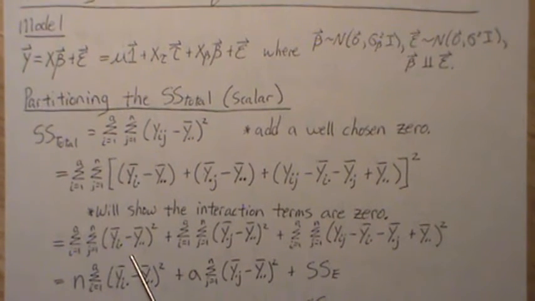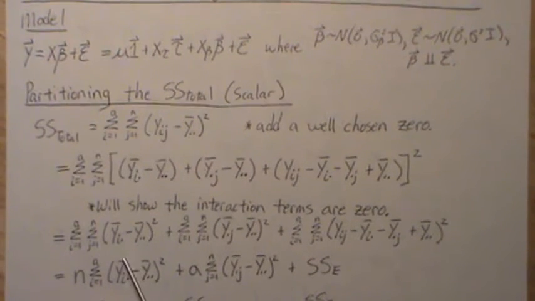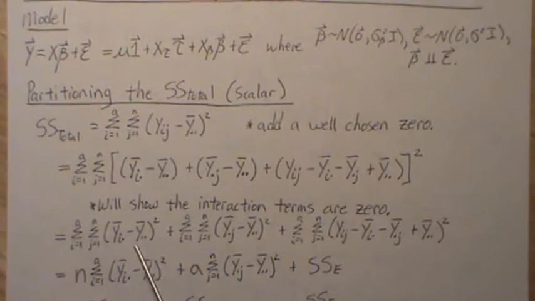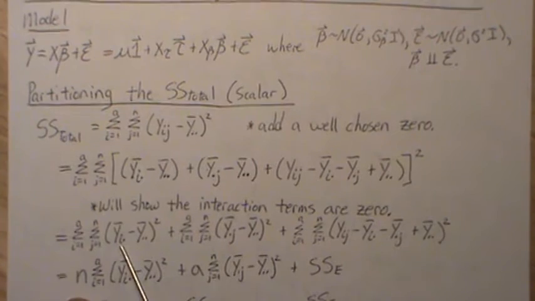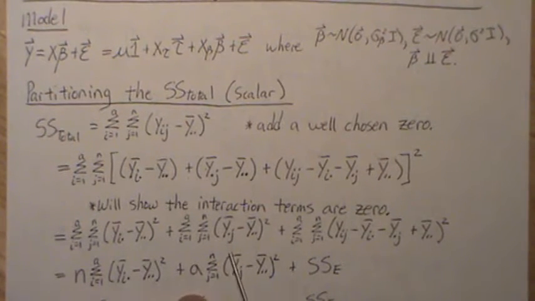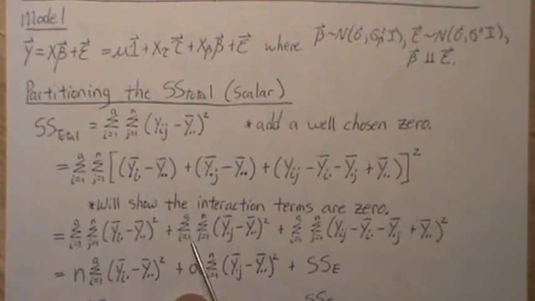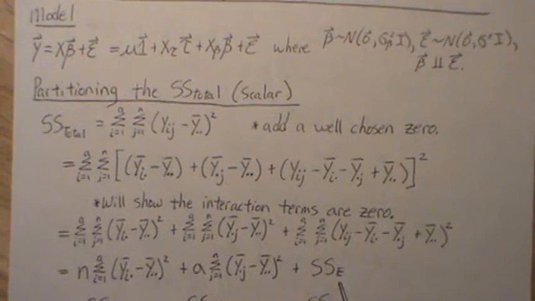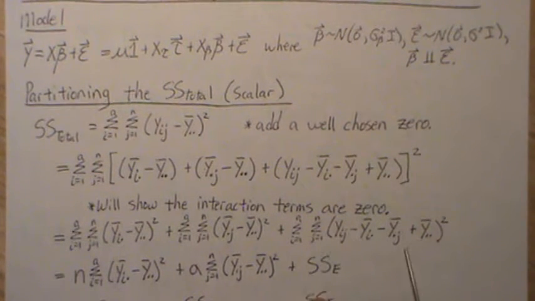Now, this term, there is no j index, right? So we're summing it n times, so the n comes out front. Here there's no i index, so it's summed a times. And this is what we just call the sum of squared error.